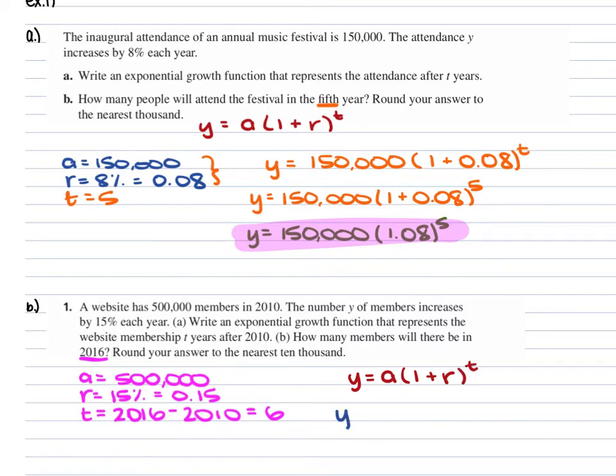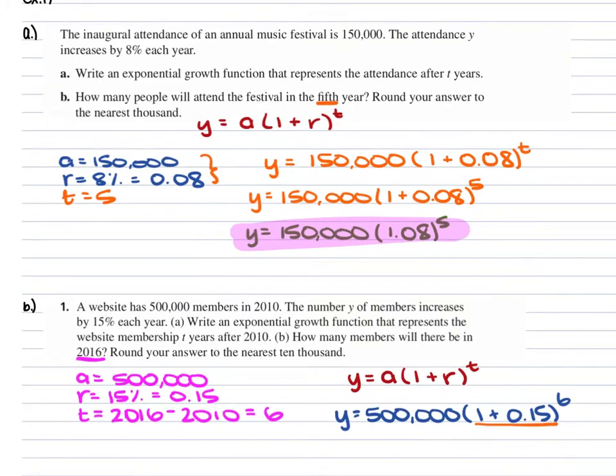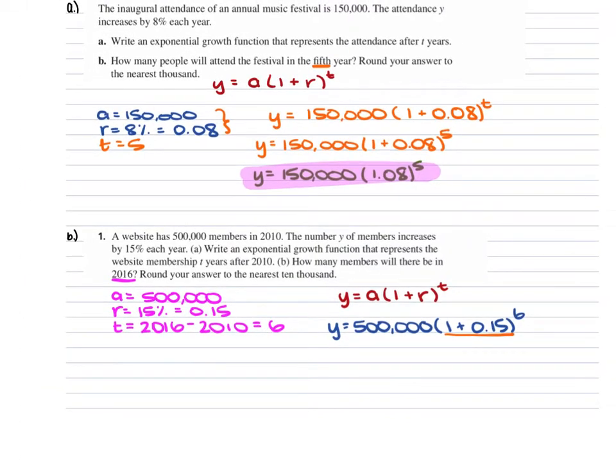So this is going to give us y is equal to 500,000 times 1 plus 0.15 to the power of 6. We have to simplify inside those parentheses and then we'll be done with this one. So ultimately, we're going to have y is equal to 500,000 times 1.15 to the power of 6.